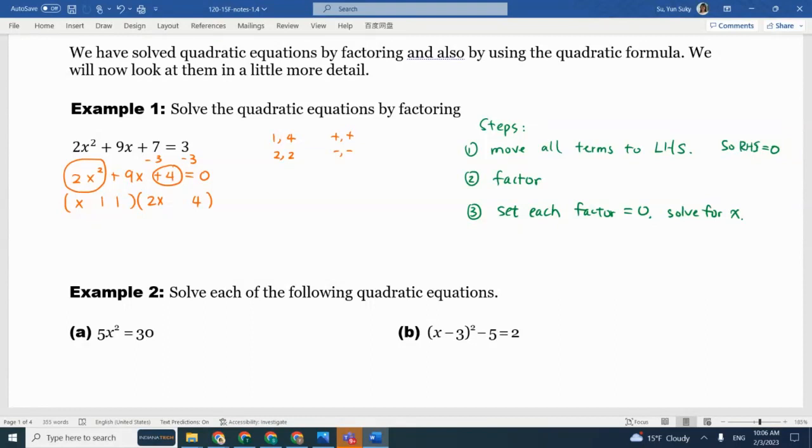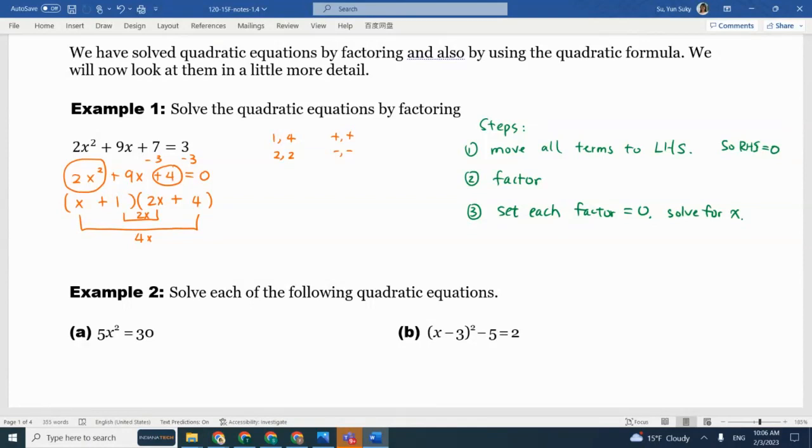If that doesn't work, we try minus minus. Now we multiply the outer terms. x times 4 gives 4x, and 1 times 2x gives 2x. Multiply the outer terms and the inner terms. Then 2x plus 4x is 6x, it's not 9x. That's why this factoring is wrong.